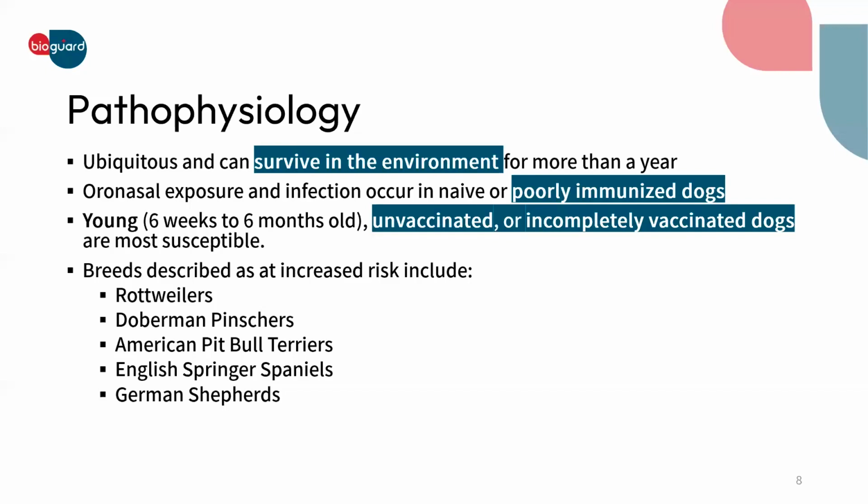There are also some specific breeds that have been seen to be affected by parvovirus often, such as Rottweilers, American Pit Bulls, English Springer Spaniels, and German Shepherds as well.